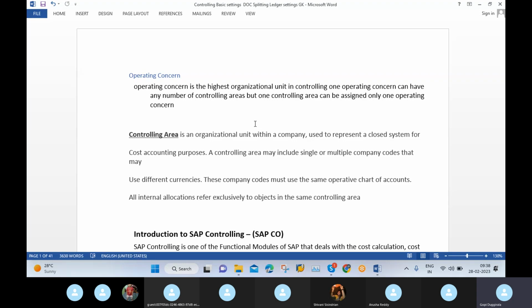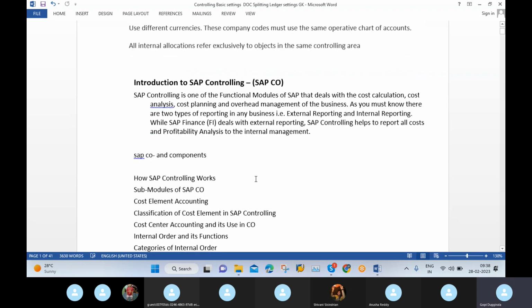Especially yesterday we discussed very clearly what a primary cost element is and what a secondary cost element is. For each primary cost element we have one corresponding GL account, and that GL account is created in the SAP finance module. While creating any GL with FS00, we create it in finance.